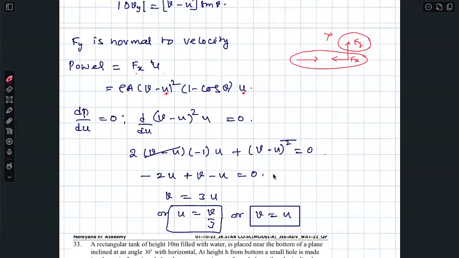There are two options. One is U is V by 3. Why do we get another option?